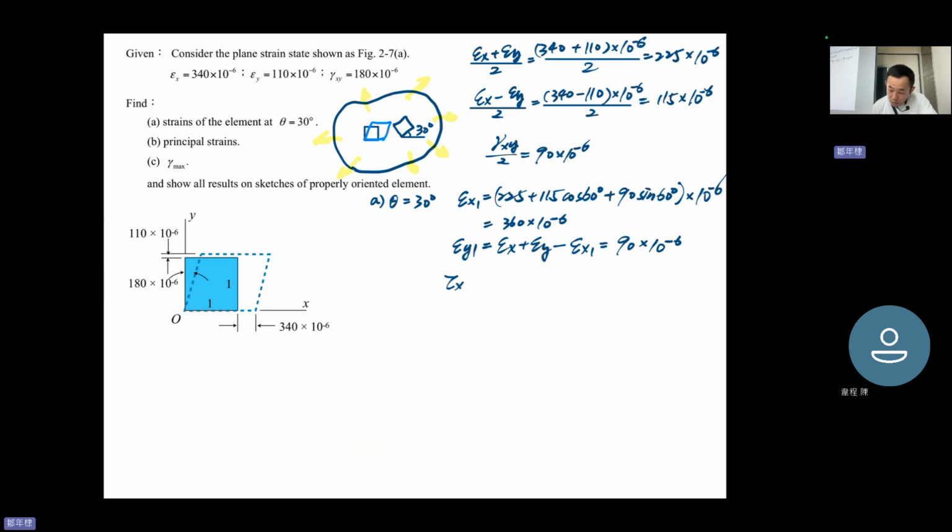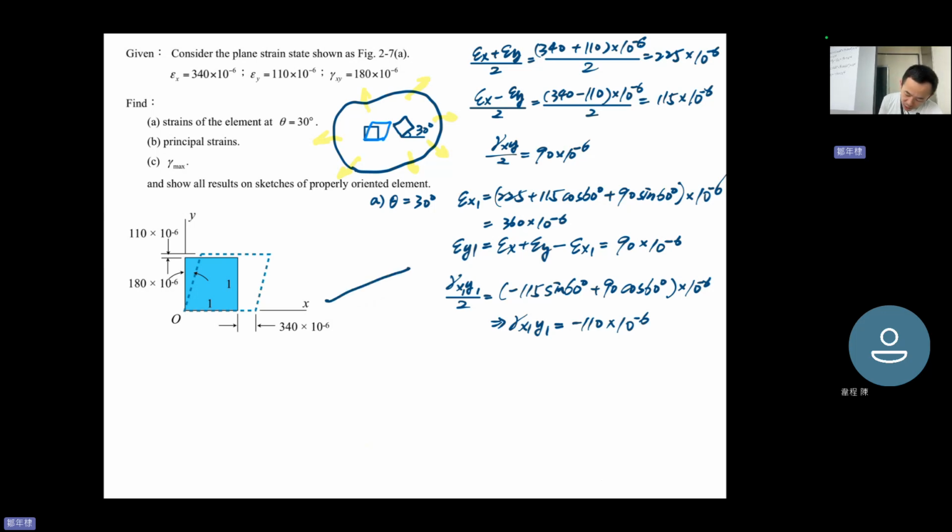Gamma x1y1 divided by 2 equals minus 115 times sine 60 plus 90 cosine 60 degrees, times 10 to the minus 6. So gamma x1y1 equal to minus 110 times 10 to the minus 6. Okay, so you have the 30-degree values.